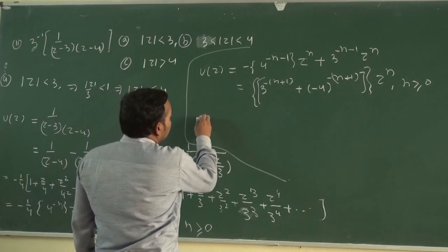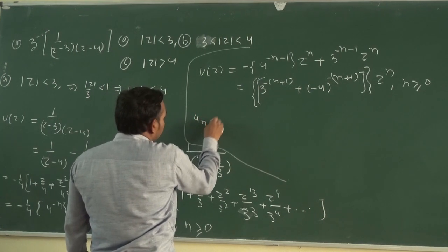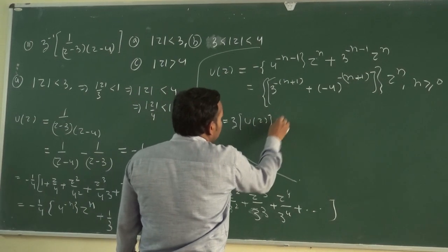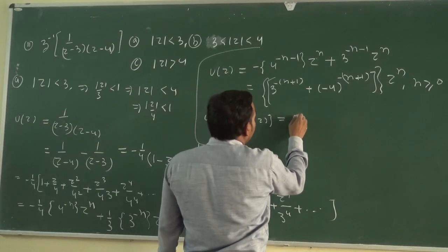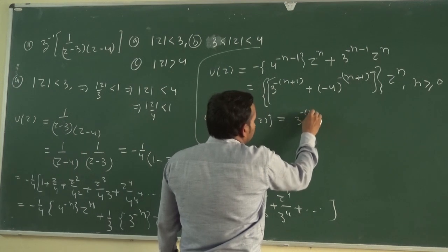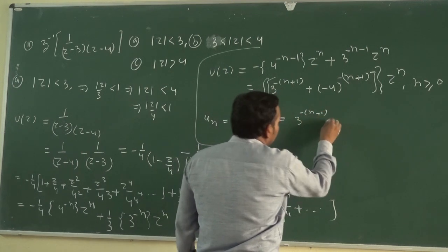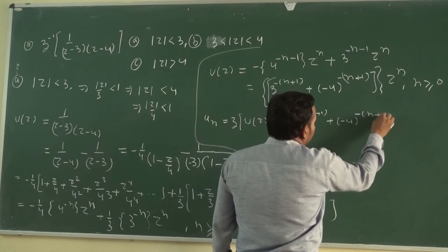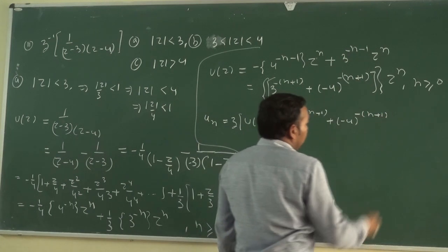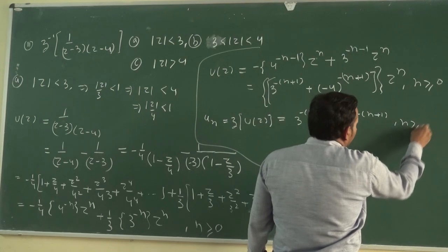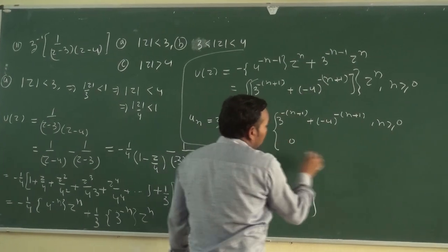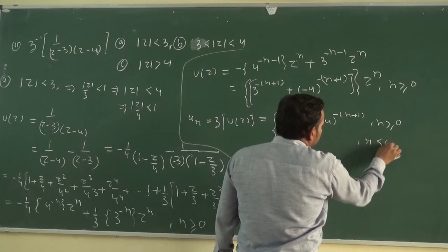So the inverse z transform, u(n) equal to inverse z transform of U(z), simply write 3 to the power minus n plus 1 plus minus 4 to the power minus n plus 1, for n greater than or equal to 0, and 0 for n less than 0.